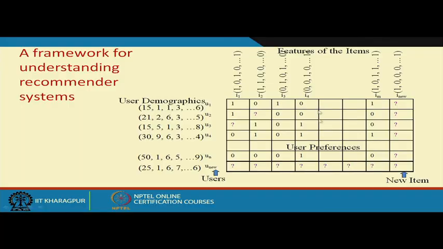Anyway, we are going to deal with such issues a little later, but for now a typical recommender system has 3 different types of data. One is this matrix of user preferences, second is the list of users and possibly their demographic values or certain characteristics.